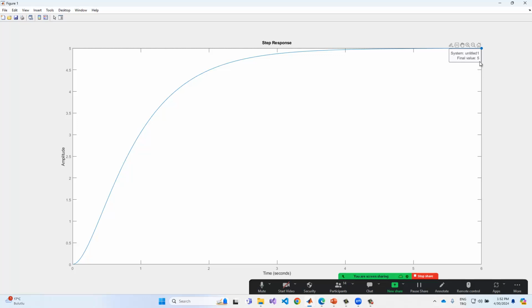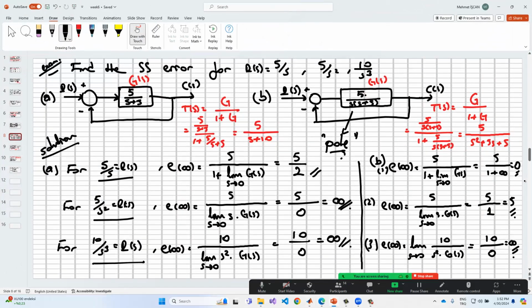This is the final value is the 5, which means that if we apply the 5 at the input, we will get to the 5 at the output, right? And so, what is the error values of these terms? Error values is equals to the 0, right? But if we apply the ramp signal in here, we will get to the 5 value at steady state in this case.